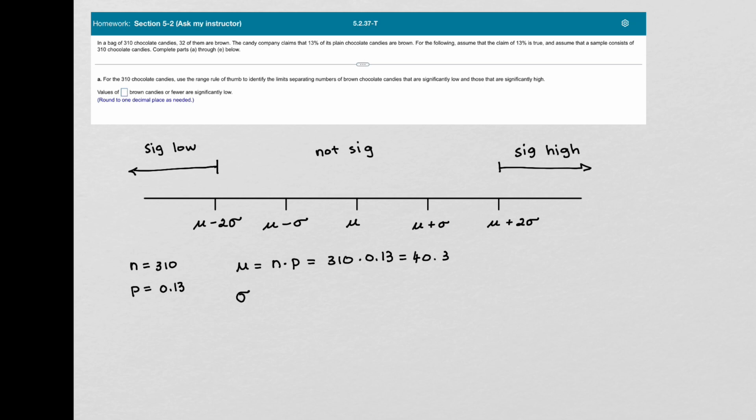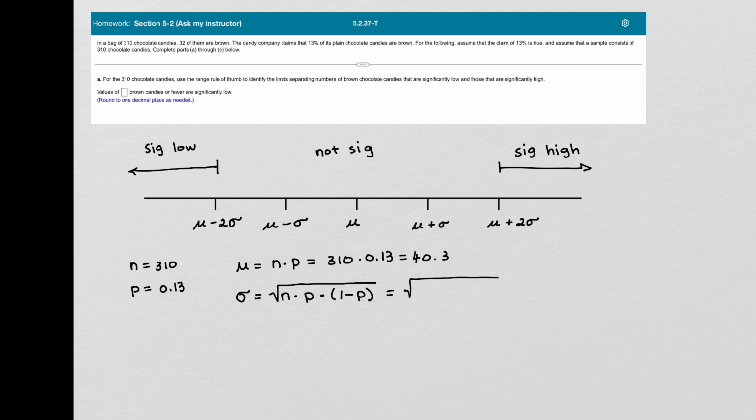Then I calculate the standard deviation. Now that is the square root of n times p times 1 minus p, or q, depending on what formula you use.